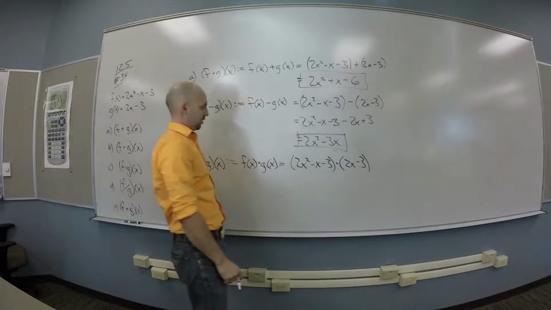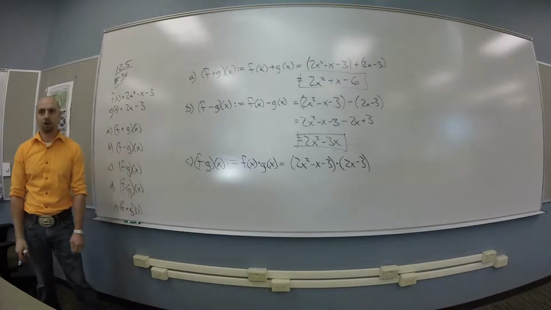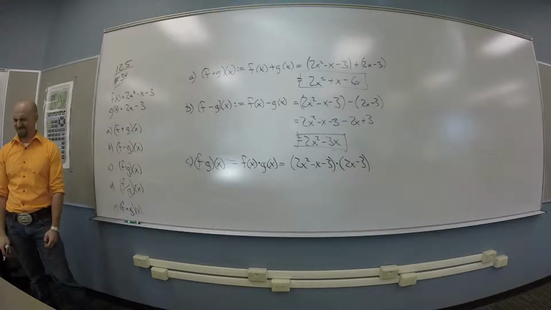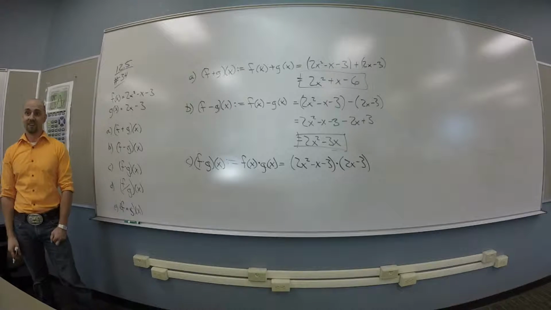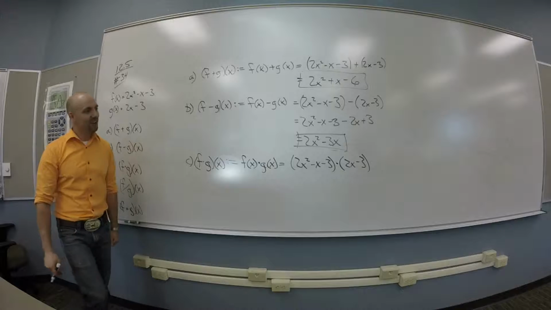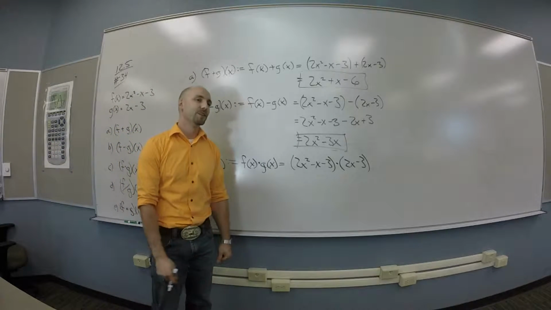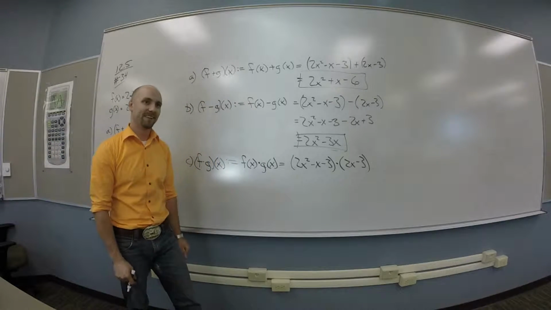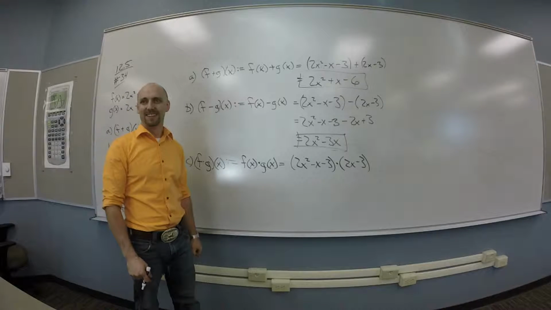Do you actually want us to multiply it out, or can we say that's close enough? Not really, but I think the spirit of this problem is to multiply it out, right?